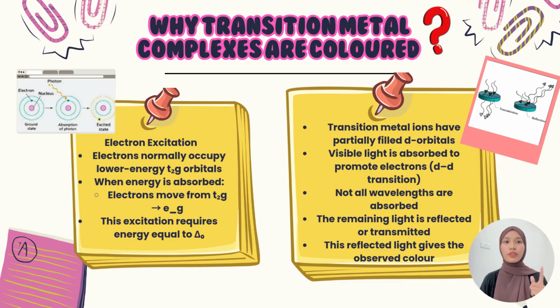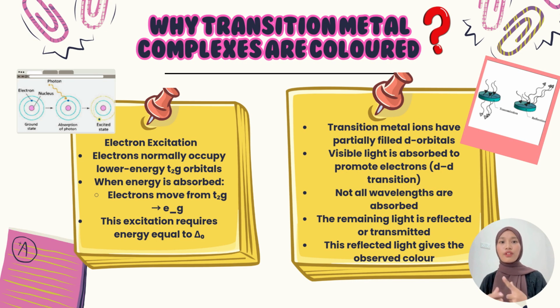Transition metal ions have partially filled d orbitals, and because of that, this d-d transition can happen. But not all wavelengths of visible light are absorbed. Some of the light is reflected or transmitted, and basically, this remaining light is what we see as the color of the complex.